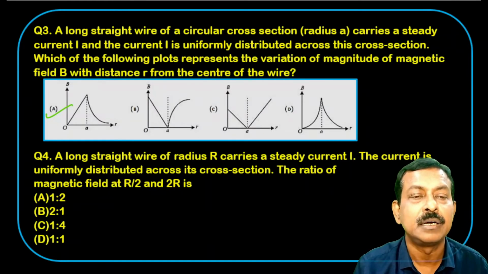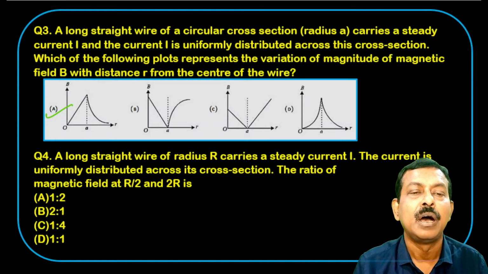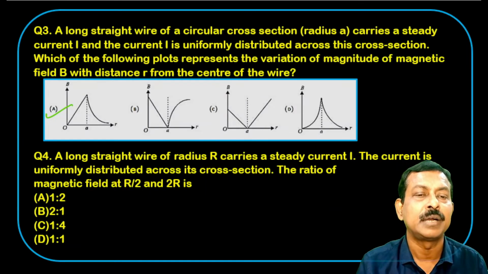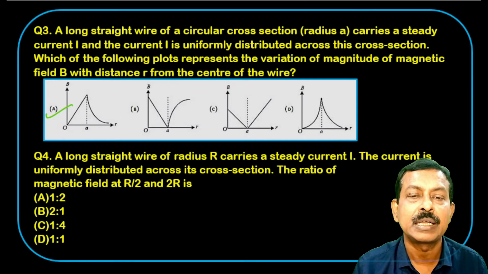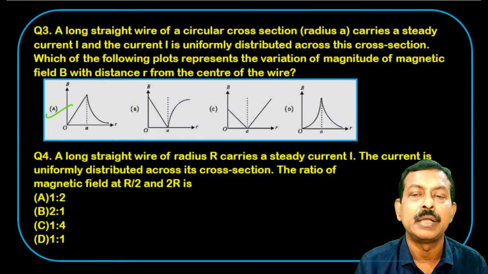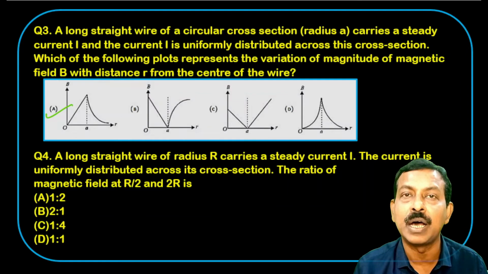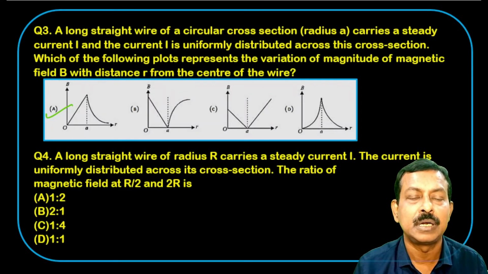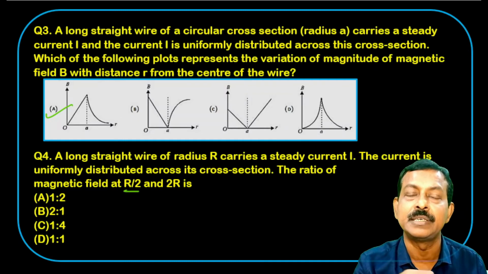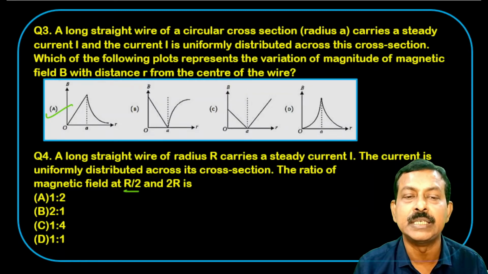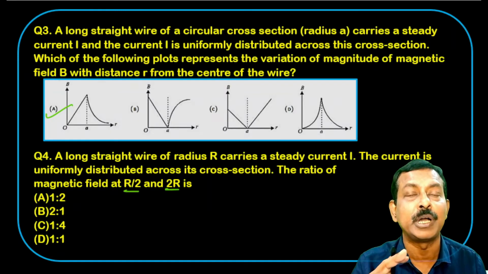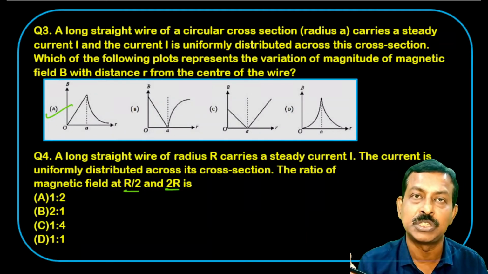Let's now take the next question. A long straight wire of radius capital R carries a steady current I, which is uniformly distributed across its cross section. Find the ratio of the magnetic field at R by 2 and 2R. Now the distance R by 2 means the point is inside, and for the other case it is 2R, which means the point of observation is outside.